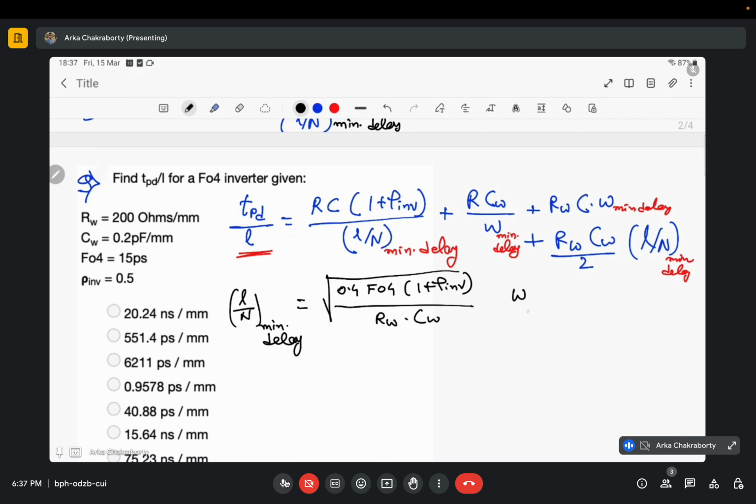Similarly, the W minimum expression we have seen in the previous questions, I have derived it also for you: R into CW divided by RW into C. Correct?